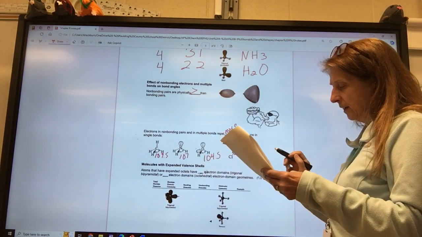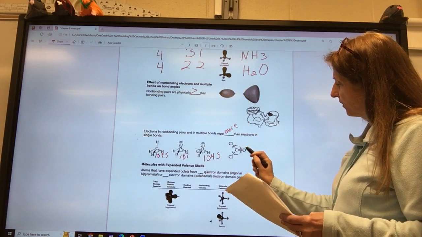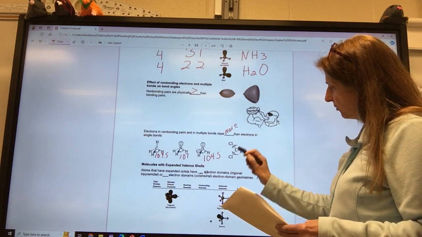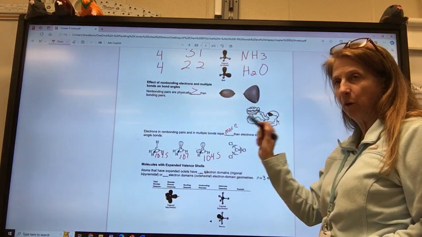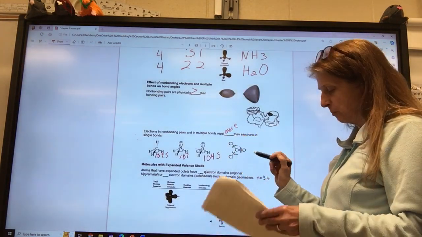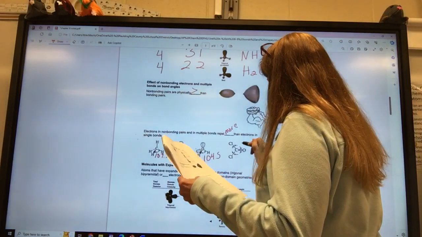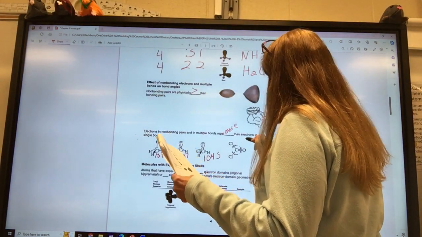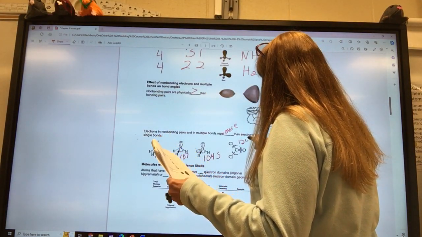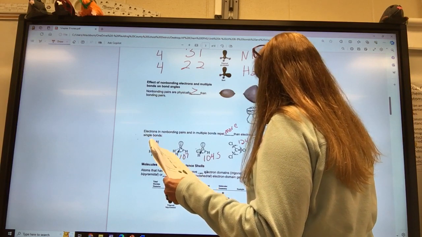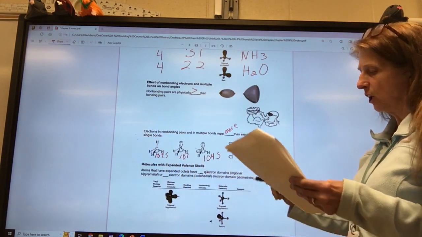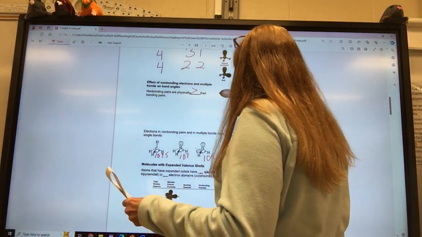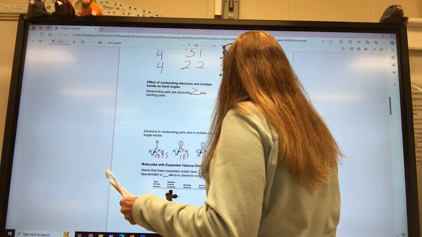And then here is one where it's got a double bond, and then these are single bonds. This double bond can squish it a little bit more that way. So just think about double bonds as a little bit stronger. So the bonds to the double bond are 124.3. This is not a regular trigonal planar where it'd all be 120. It's 124.3, and this is 111.